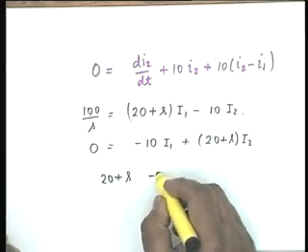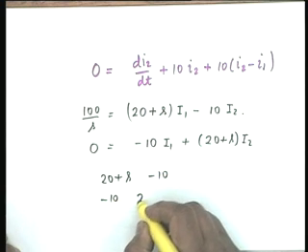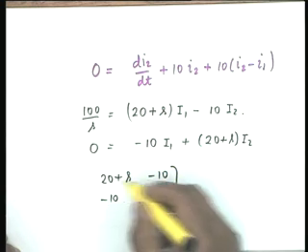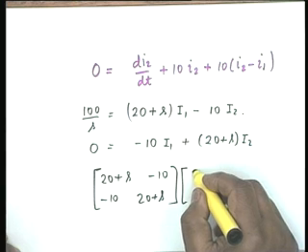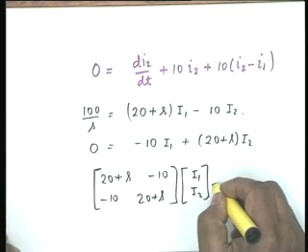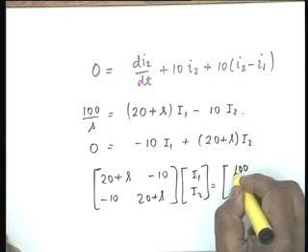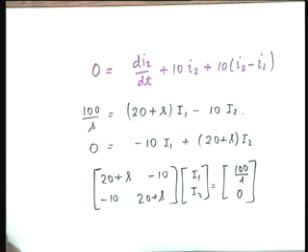Whereas if you solve in the frequency domain itself, then you get simply this equation: 20 plus S, minus 10, minus 10, 20 plus S. This matrix multiplied by the vector I1, I2 is equal to the vector 100 by S, 0, and you can solve for I1 and I2.